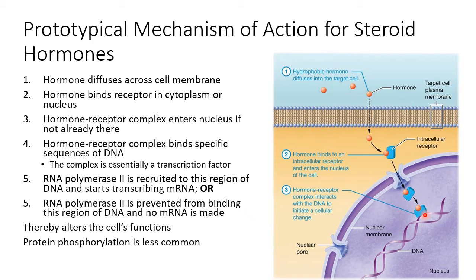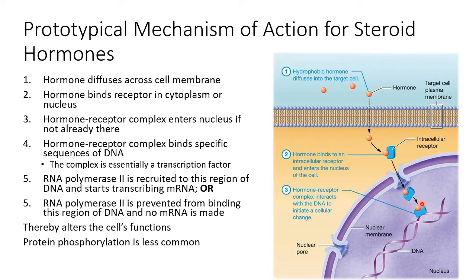It'll bind to a gene, and it will either cause the expression of that gene or prevent the expression of that gene. Gene expression, if you remember from 1306, is just using a gene to make protein. It's making proteins based on your genes. So when you're expressing a gene, you're actually making protein.